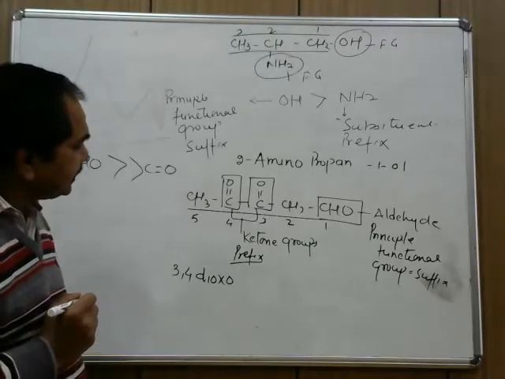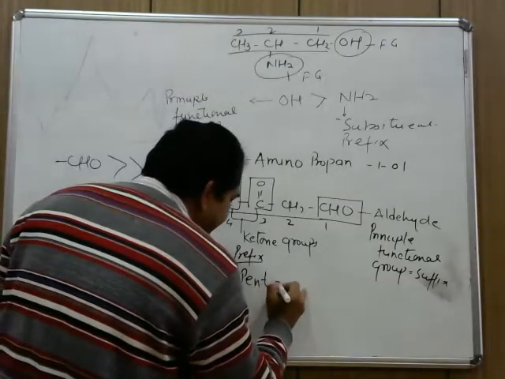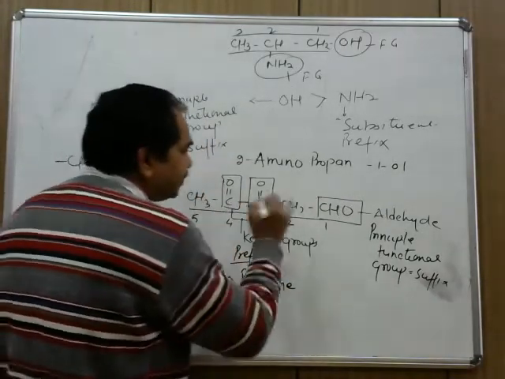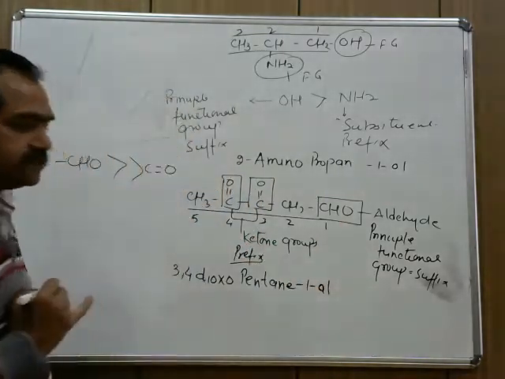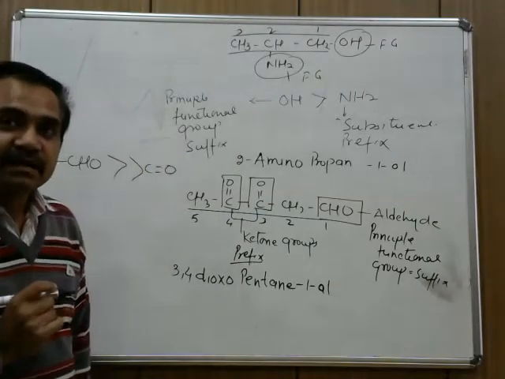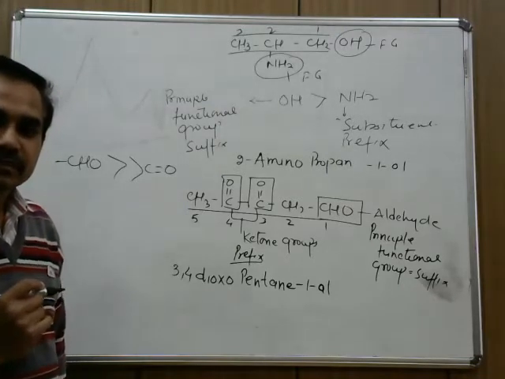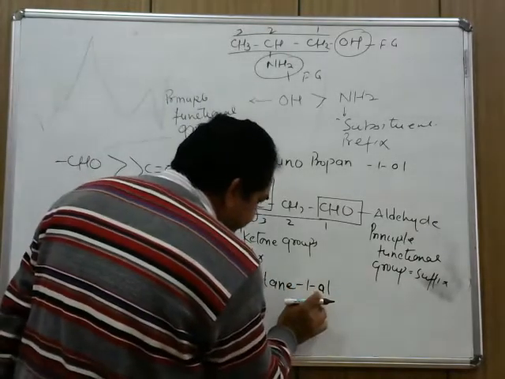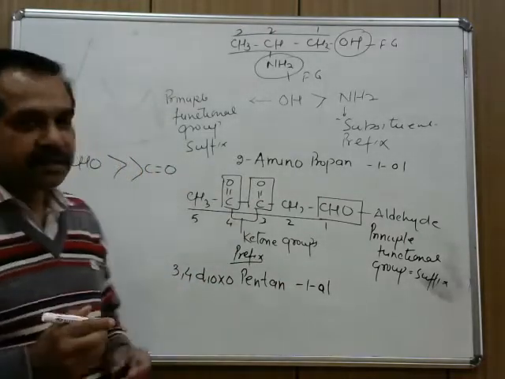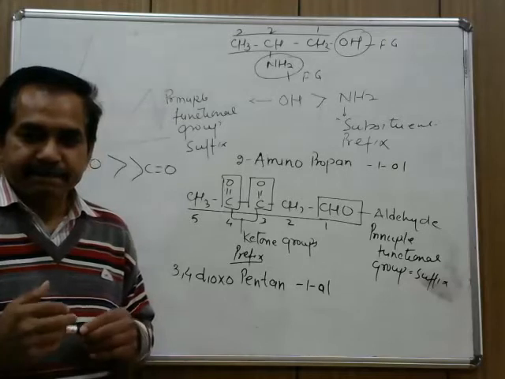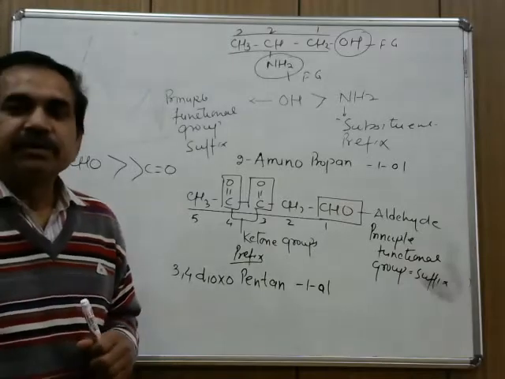Then 5 carbons, hence pent, an, 1-al. Then again it is a vowel, so E is not written. Let us take one more example.